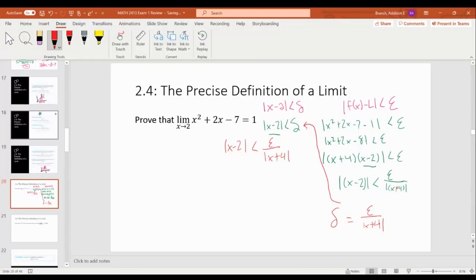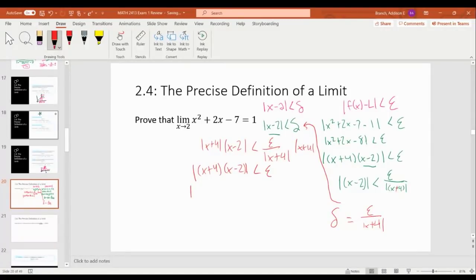I'll multiply both sides times x plus 4, because what we want to do is re-isolate our epsilon now that we're back in the delta equation. So now we're getting x plus 4 times x minus 2 is less than epsilon.